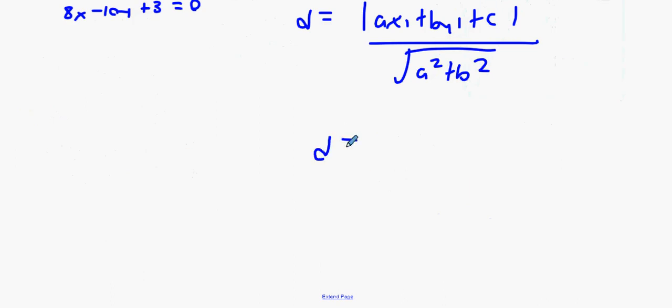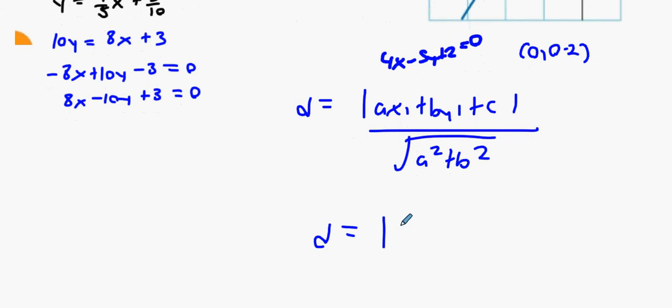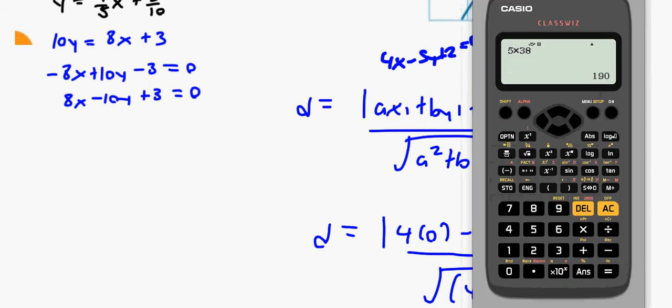And D equals 4 times 0 minus 5 times 0.2 plus 2 all over the square root of 4 squared plus minus 5 squared.